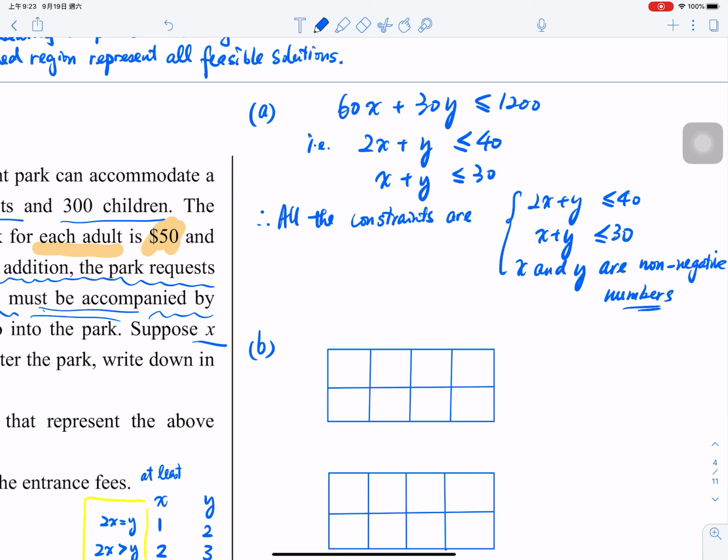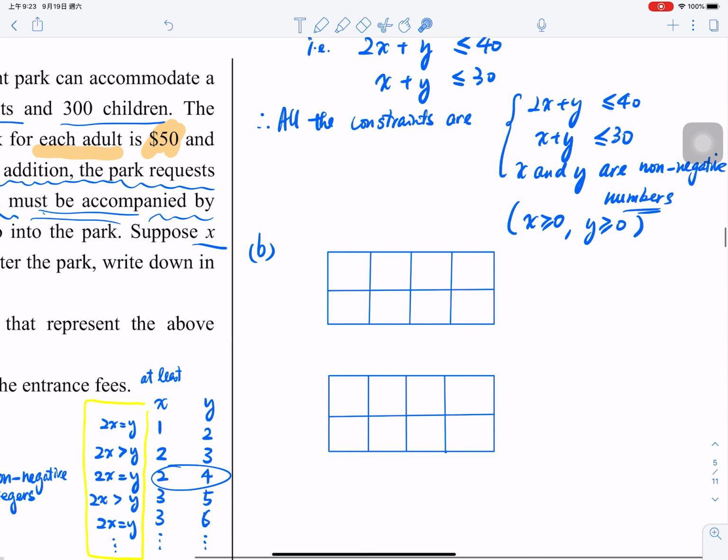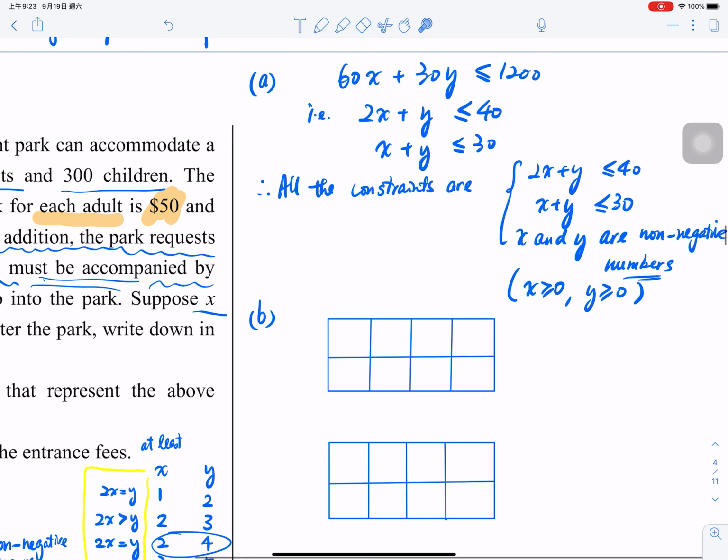So we can write x greater than or equal to 0, y greater than or equal to 0, like this. Clear?